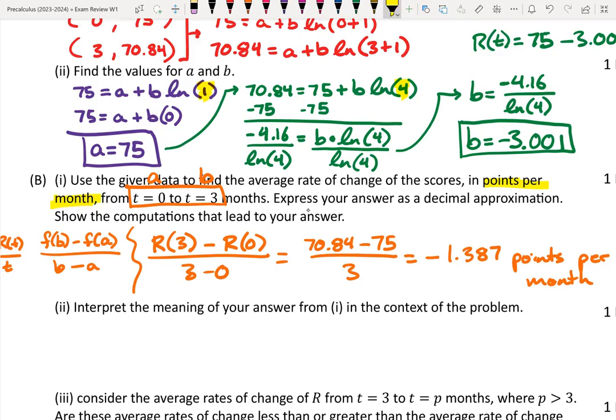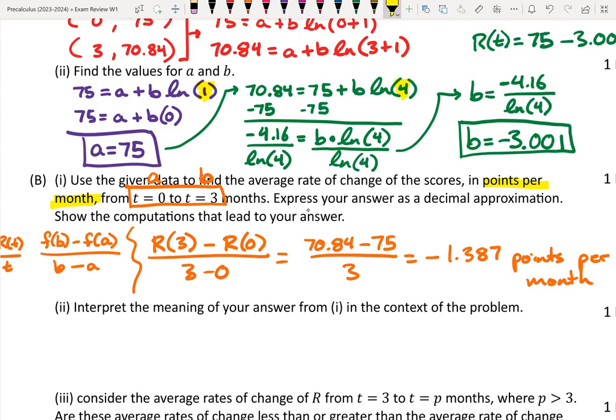You have different options: average rate of change is positive, negative, increasing, decreasing. We're in negative. If average rate of change is negative, what is the function doing? Decreasing. It's the second one. The function is decreasing. The average rate of change is less than 0. So that's going to be our interpretation.